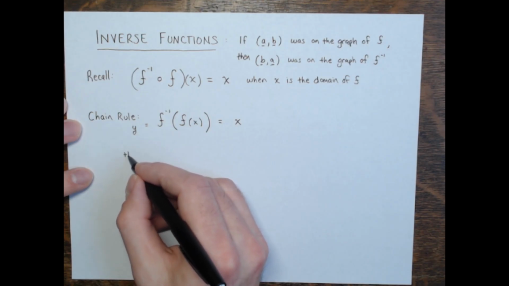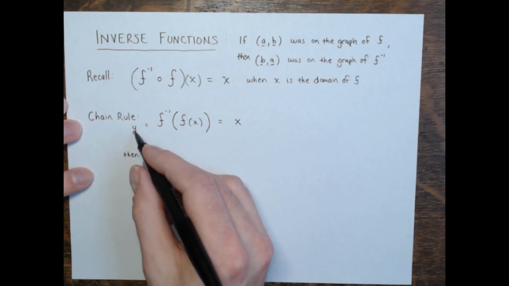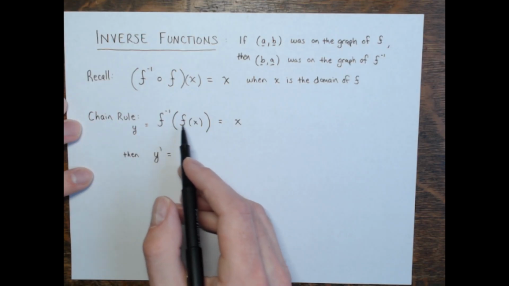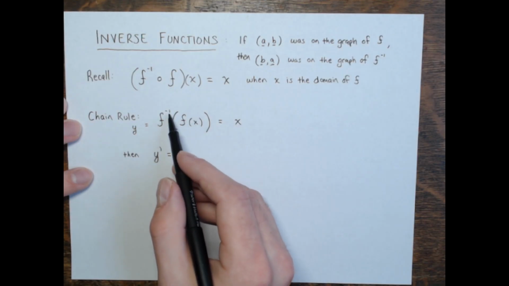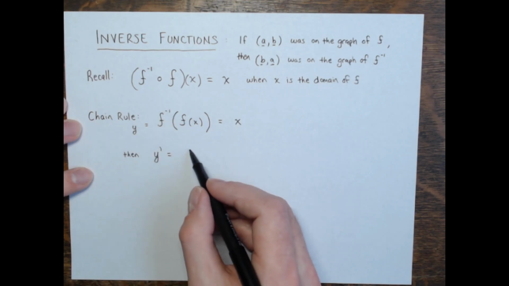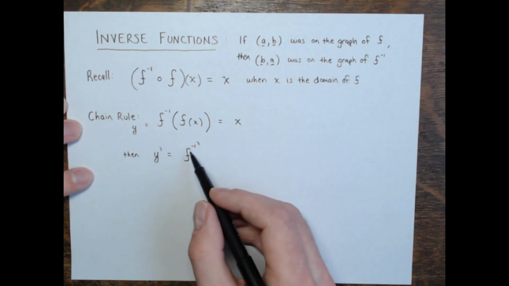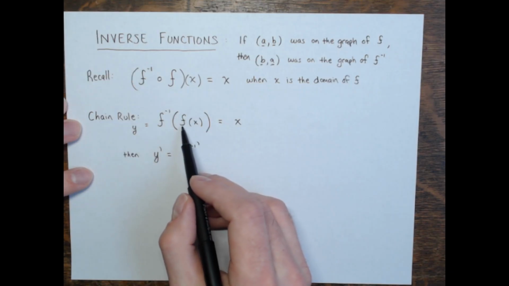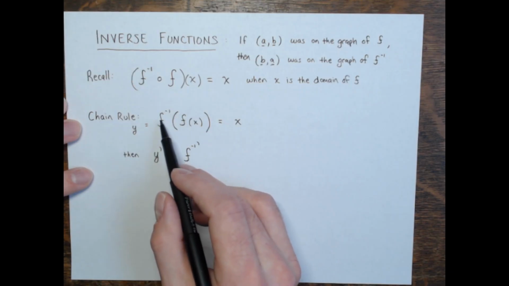Then applying the chain rule, y prime, or the derivative of such a thing, would be the derivative of F inverse. So this is F inverse prime, right? The outer function. Remember, with the inner function still inside it.